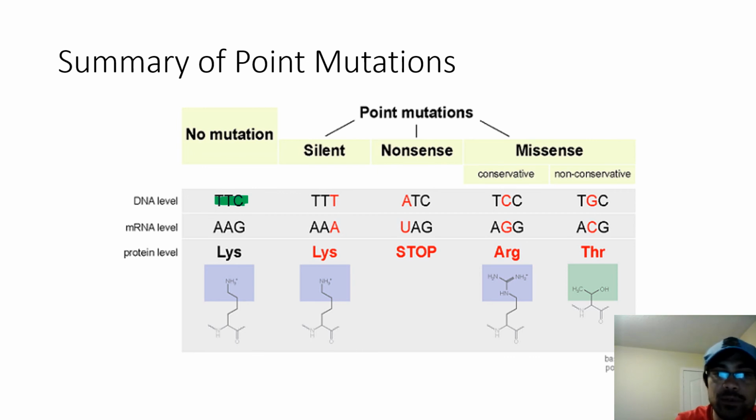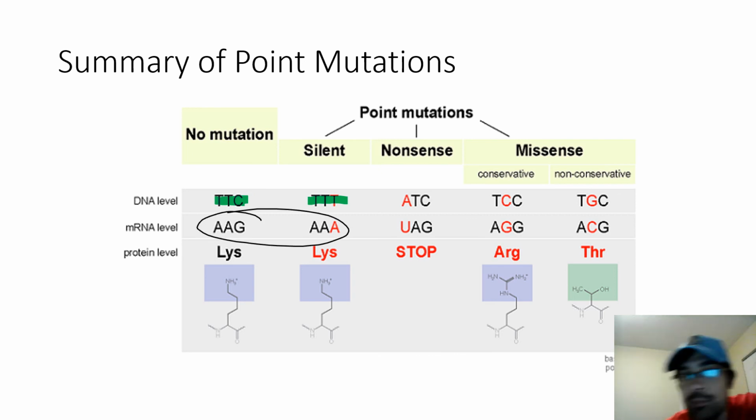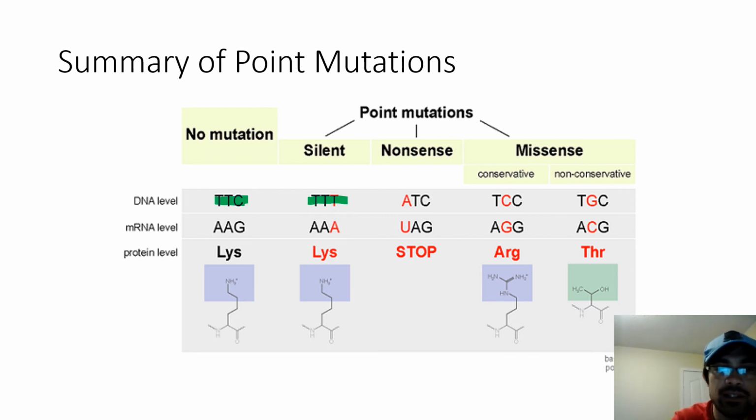In a silent mutation, we change to, say, a TTT, for example. But at the end of the day, these two still both code for a lysine, and that's okay. And so this is a silent mutation. No overall change to the protein, it still functions just the same, even though it has a different base that it's reading.